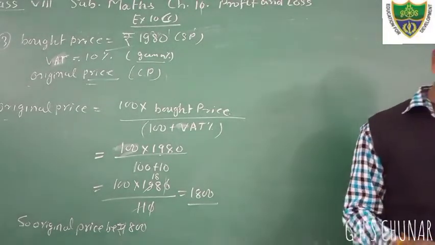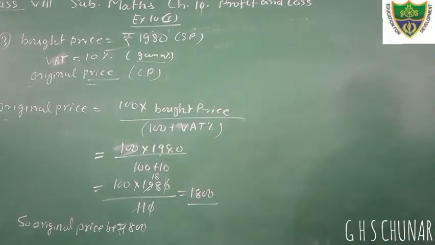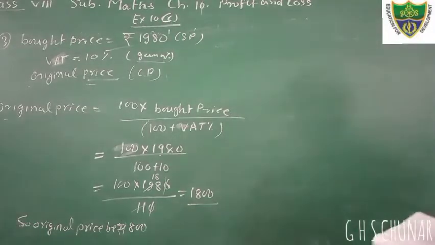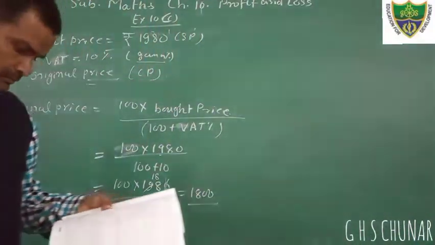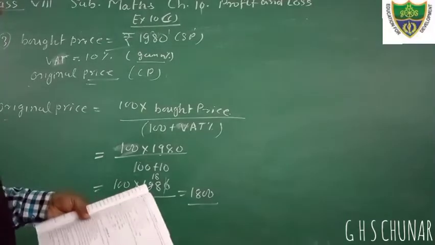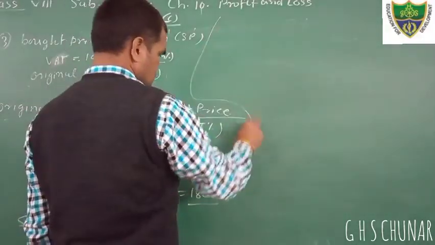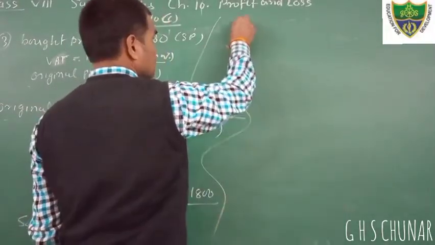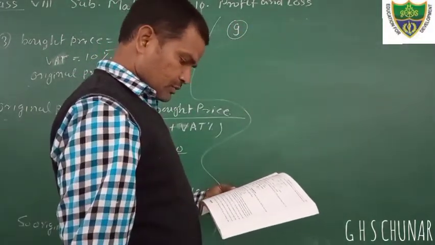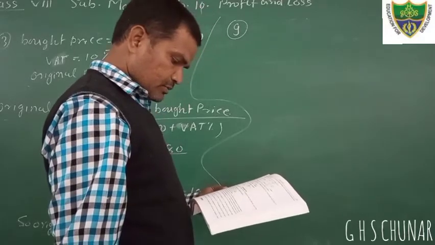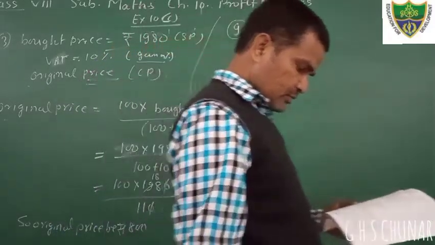Now we will solve question number 9, 10 and 11. In question number 9, Rohit purchased a pair of shoes of rupees 882 inclusive of VAT.